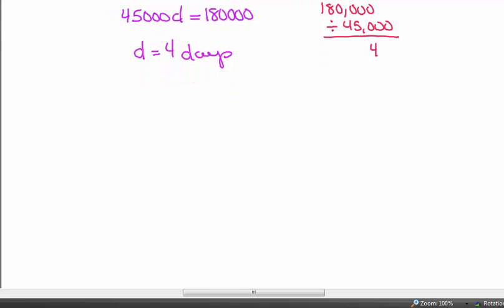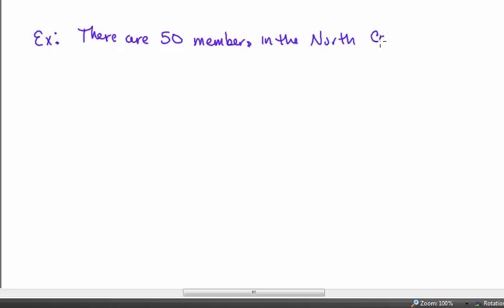Let's try another one. There are 50 members in the North Carolina Senate.